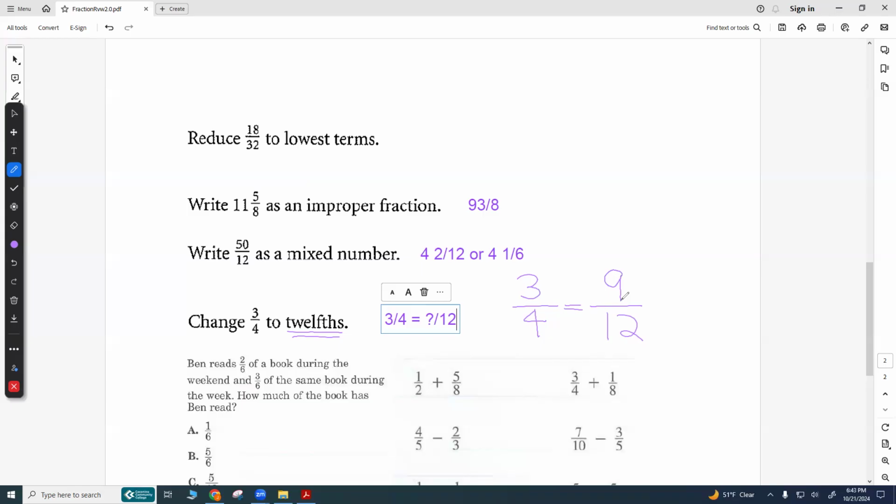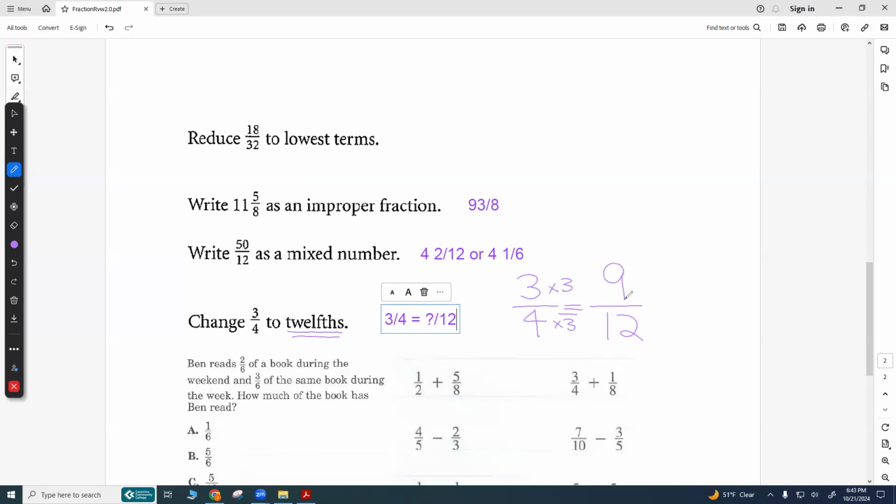Okay. The other thing you could do is mostly just say, okay, what do I have to multiply or divide by 4 to get to 12? 3. And so then I just create that fraction out of 1. And once again, 3 times 3 is 9.